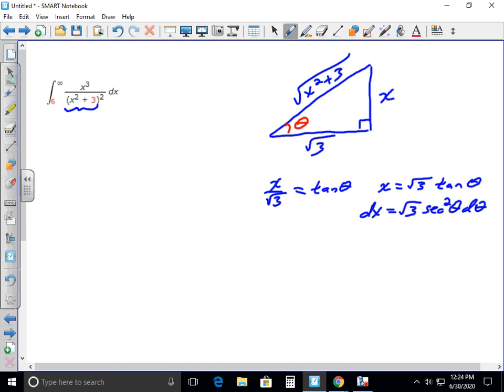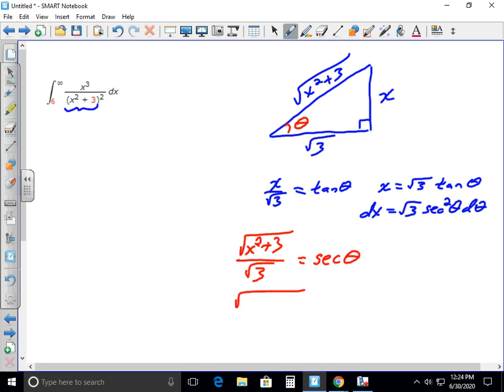So we need to involve the hypotenuse, and we don't want to involve another variable if possible. So if we do the hypotenuse over the square root of 3, and I just put the hypotenuse on top so that will be easy to solve for, we have hypotenuse over adjacent. Well, adjacent over hypotenuse is cosine, so the reciprocal of cosine, remember, is secant.